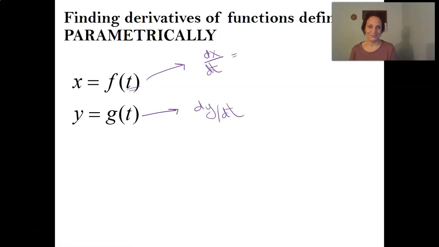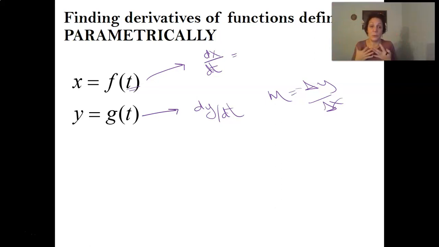Here's the problem. The slope of a graph is defined as a change in y over a change in x. And that hasn't changed. Just because you defined your function differently, just because you defined your function parametrically, in terms of one equation for x and one equation for y, doesn't change the definition of slope for all eternity.